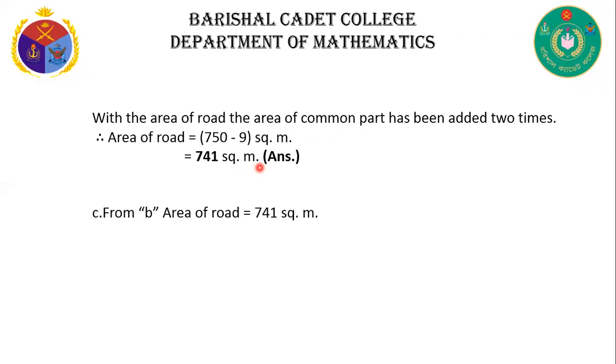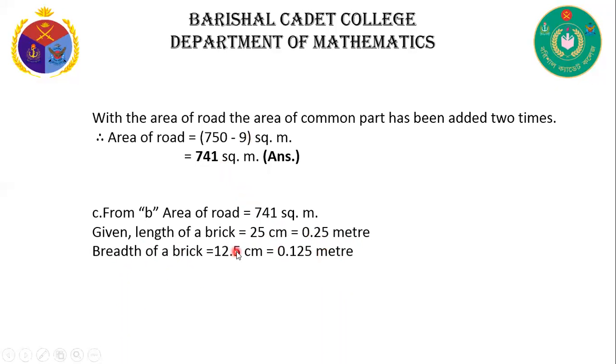Now question C. From B, area of the road is 741 square meter. Given length of the brick 25 centimeter, that means 0.25 meter, and breadth of the brick 12.5 centimeter, that means 0.125 meter.